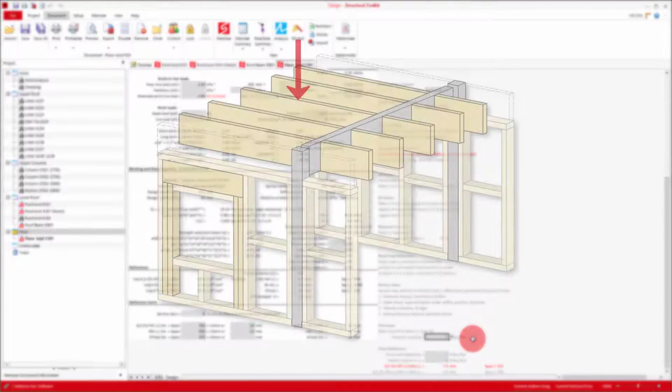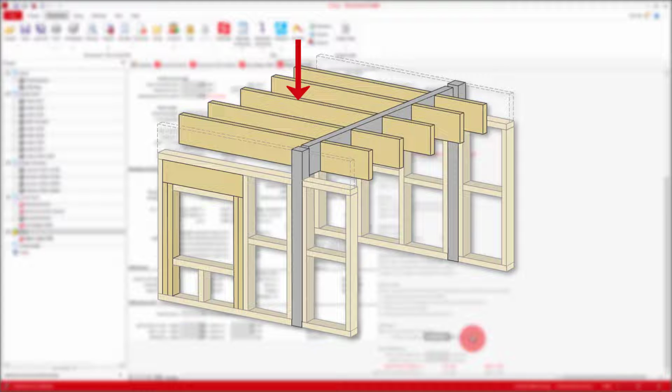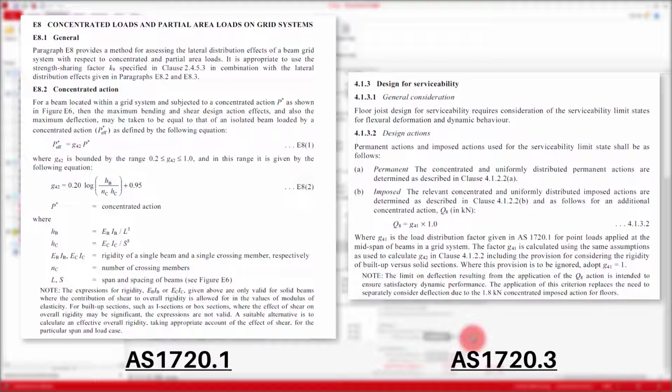Now, when looking at a floor joist, this 1 kilonewton point load will distribute into adjacent members to some extent, so you might be able to accept a higher vibration limit. Refer to AS 1720.1 Appendix E8 and AS 1720.3 Clause 4.1.3.2 for more on this.